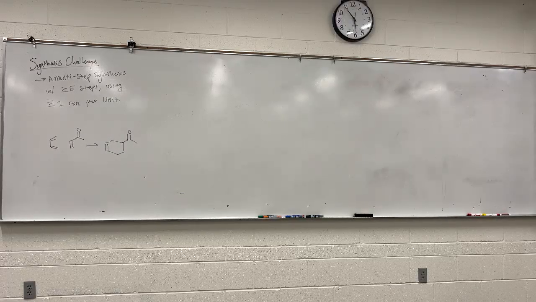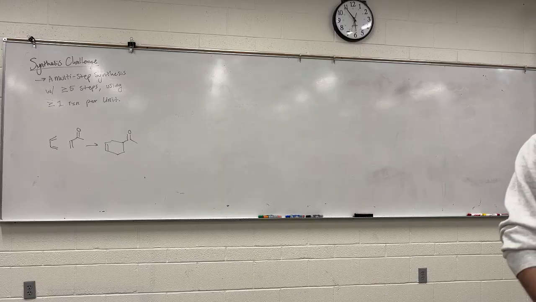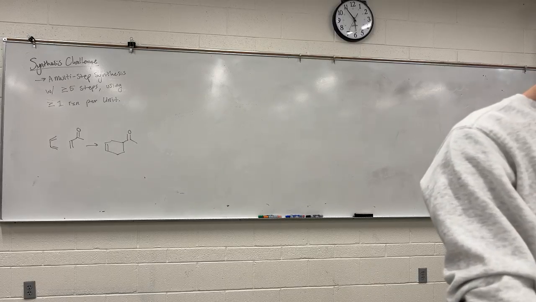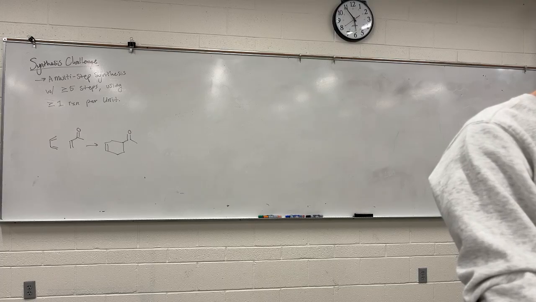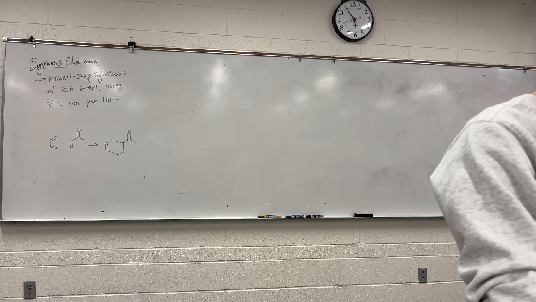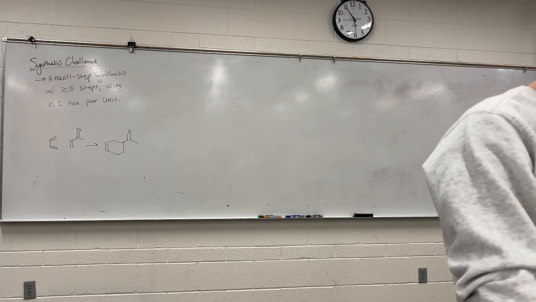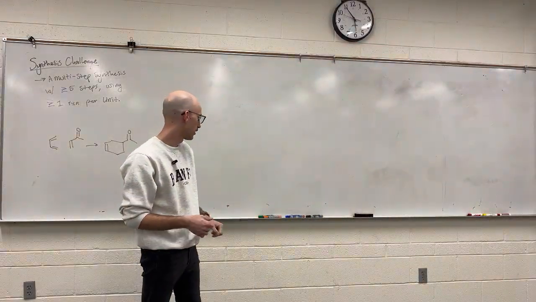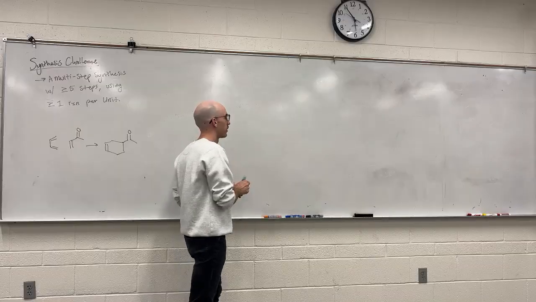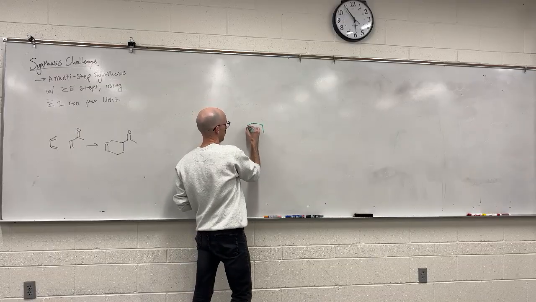Is there a way that I can have this on a ring without the double bond? Say there's something bond in here and something bond in here, and I eliminate them. Is that a thing? Oh, I eliminate to cleave something to then create the double bond that's right there.